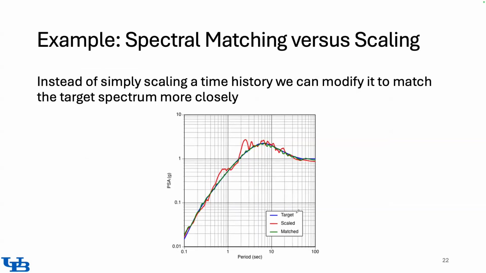What we can do is modify that time history, altering its frequency content slightly by adding different wavelets that we will see next, going from the red spectrum to the green spectrum. In this case, essentially what we are trying to do is make the least adjustments to the time histories, but still alter the spectrum so that it best matches our target value.